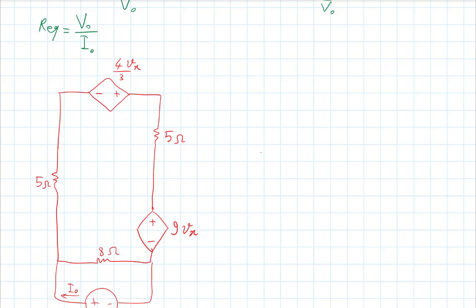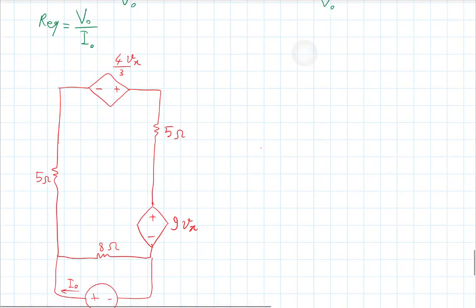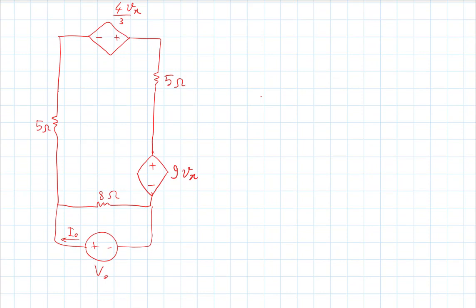Where is Vx? So Vx was the voltage across that 6 ohm resistor, or you might say between those 2 nodes. It's gone. So I have to be careful. You need to stretch those nodes.